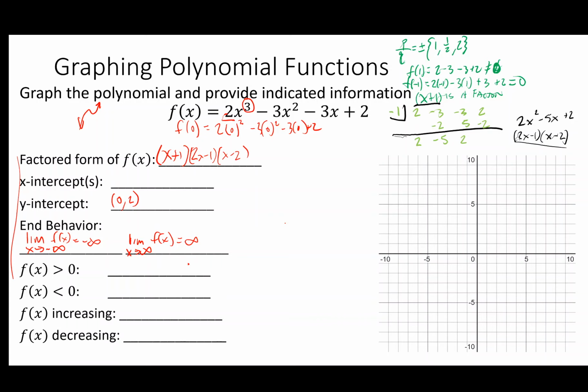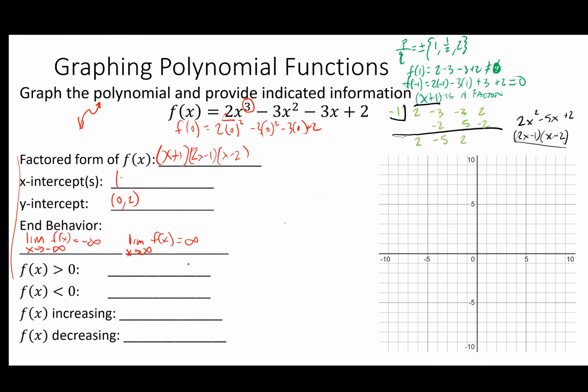Now we can use this information to find the x-intercepts, because if x plus 1 is a factor, then there is a 0 at the point negative 1 comma 0. There's an x-intercept at the point 1 half comma 0, and at the point 2 comma 0. So we can put those on there right now.